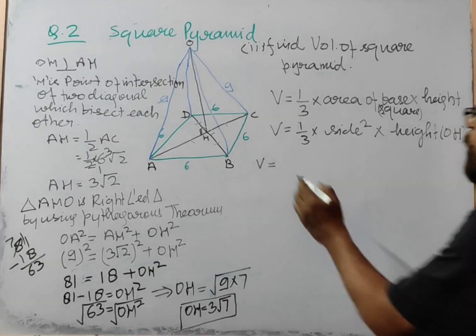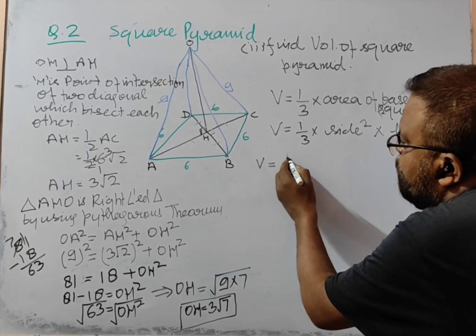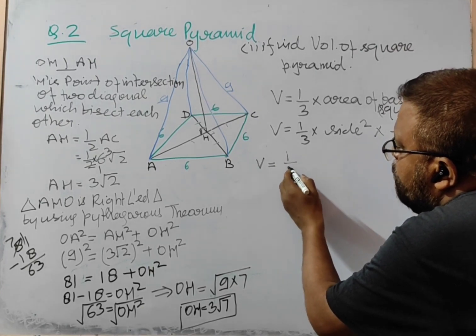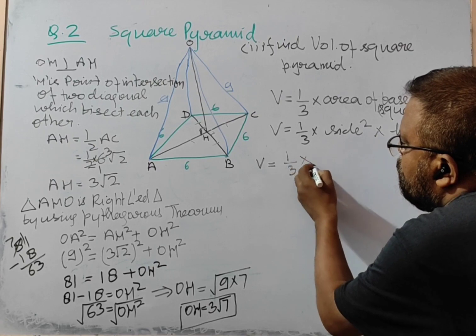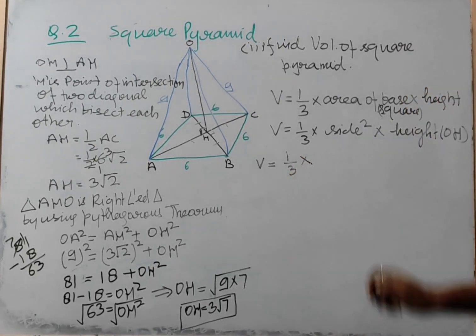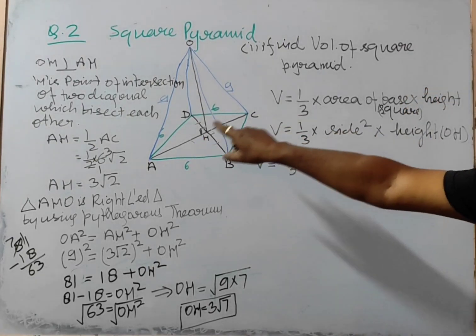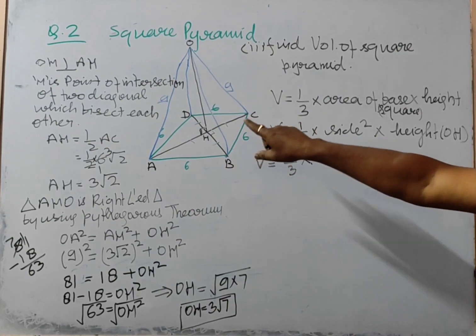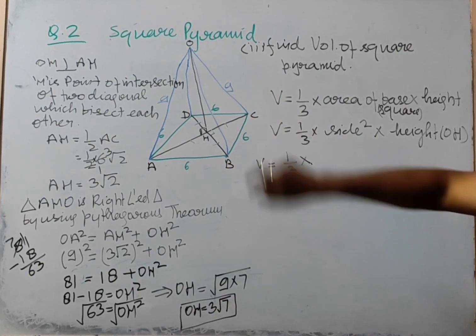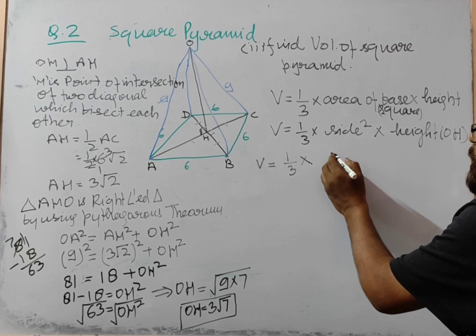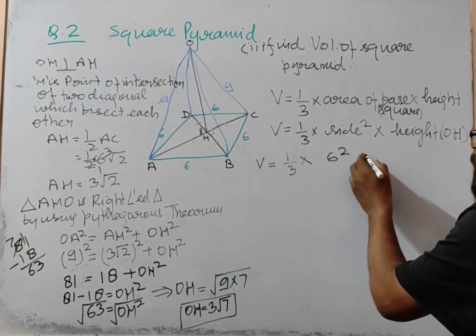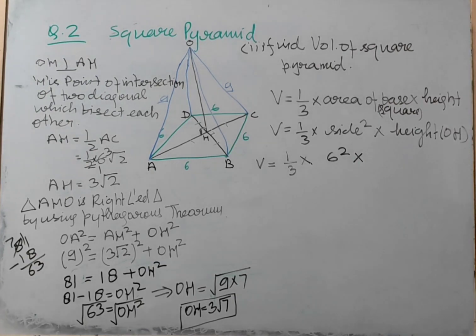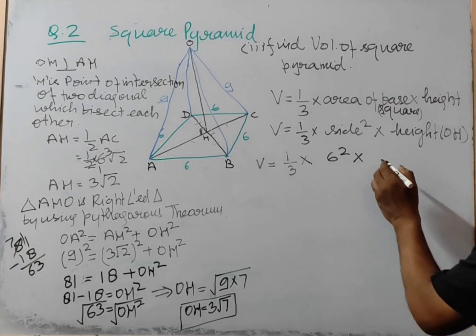Okay. So now we have 1 upon 3 into each side of square is of 6 units. So side square will be 6 square into OH, which is 3 root 7.